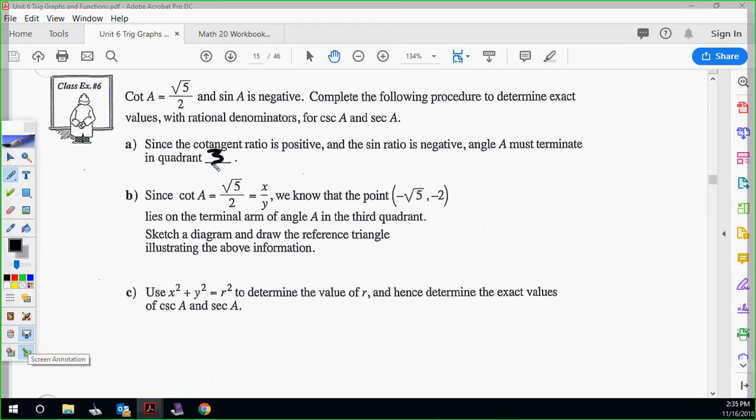Since cotangent A is root 5 over 2, which equals x over y, we know that the point is negative root 5, negative 2, because it's in the third quadrant. That's where this point's at, right there.